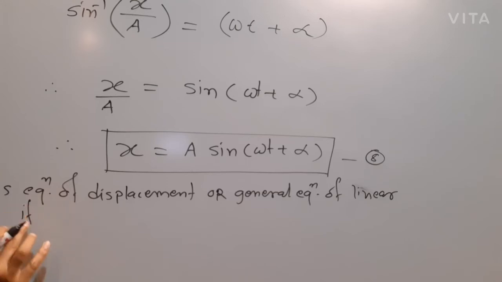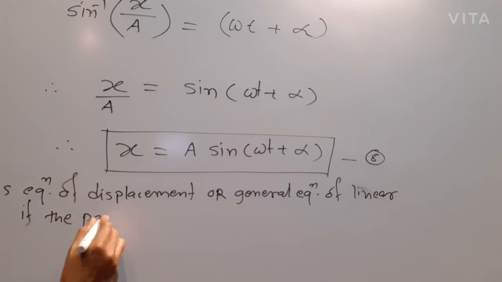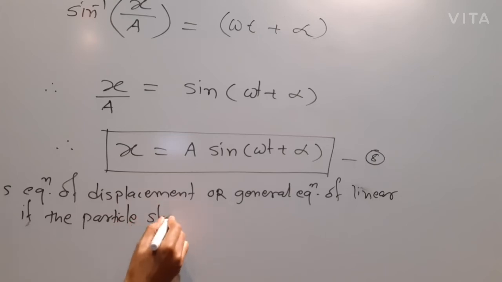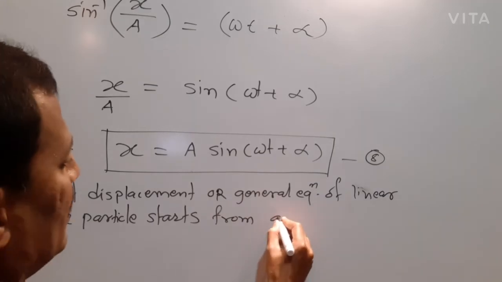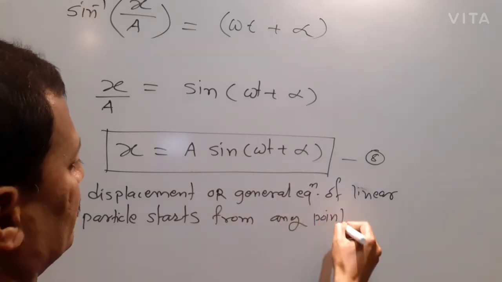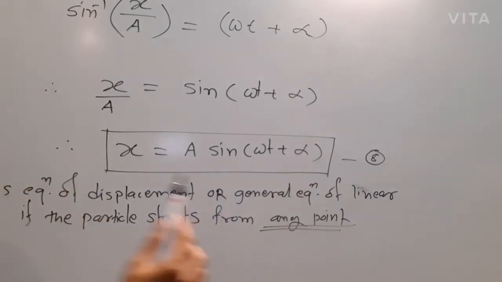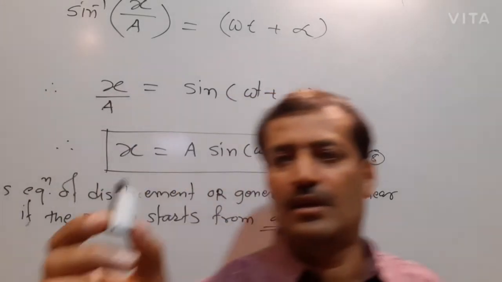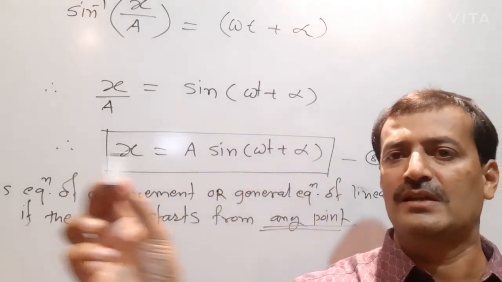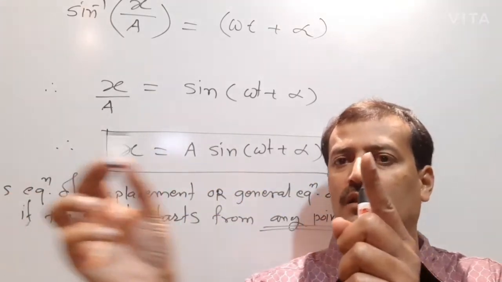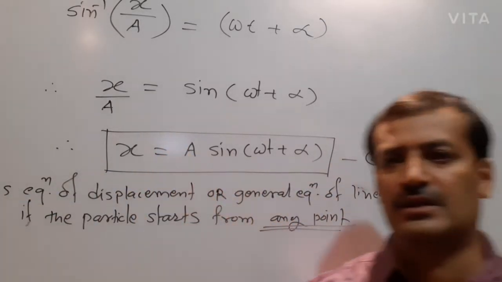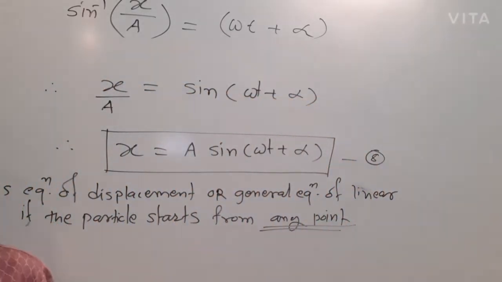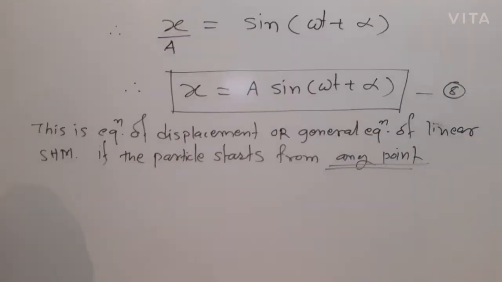It is important: suppose that this is a particle performing linear SHM, then in the path AB it may start from any point. If the particle starts from any point, then this equation is called the general equation of linear SHM. So write down the cases.